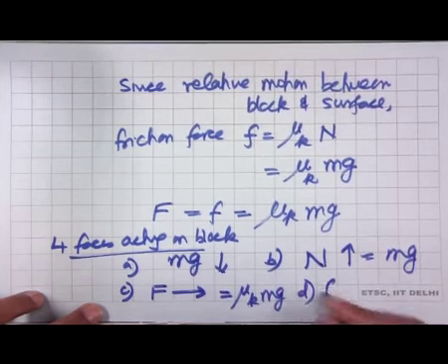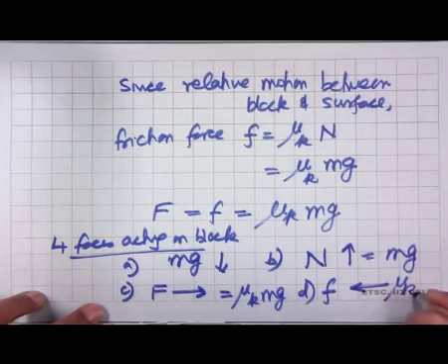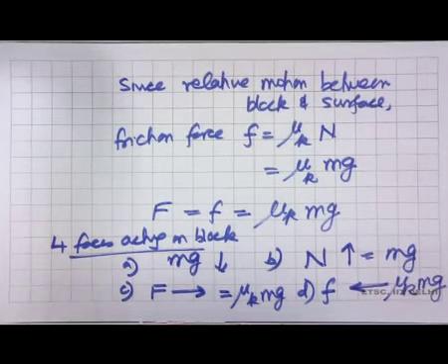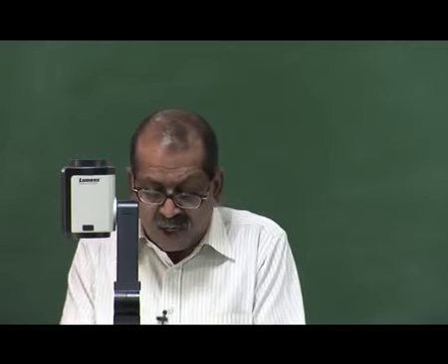And fourth, f, the force of friction, which is acting in the minus x direction and is equal to mu k times mg. So, we have these 4 forces acting on the block. Now, we have to find out the work done by each of these 4 forces. So, this is part A of the problem.